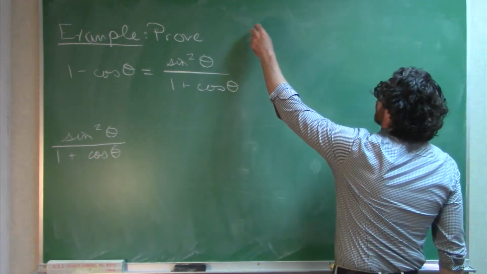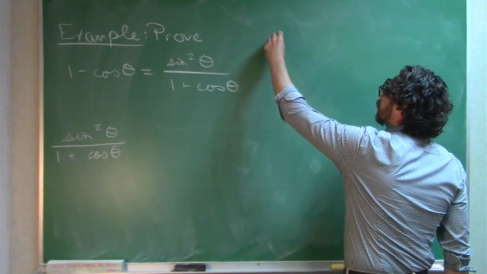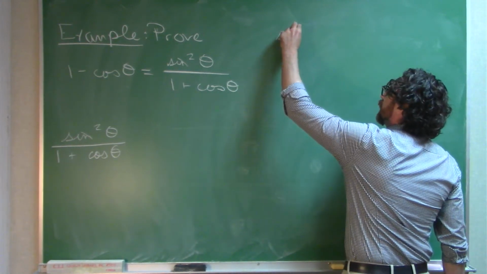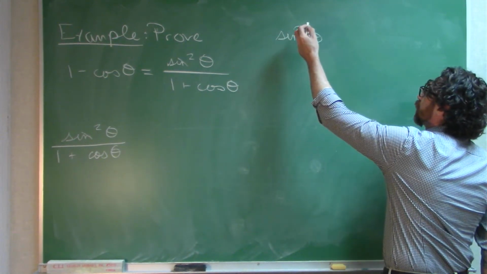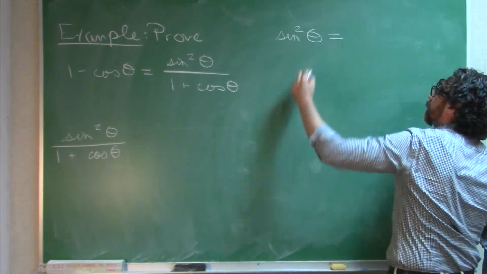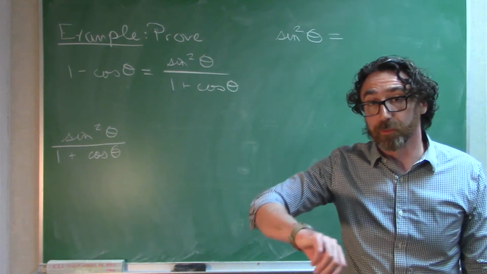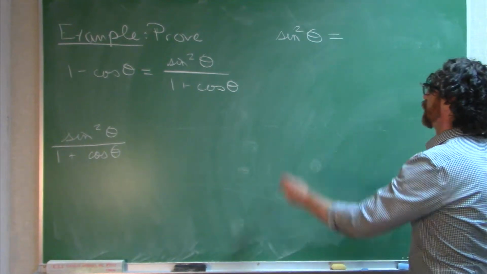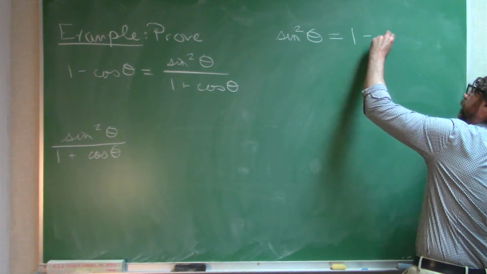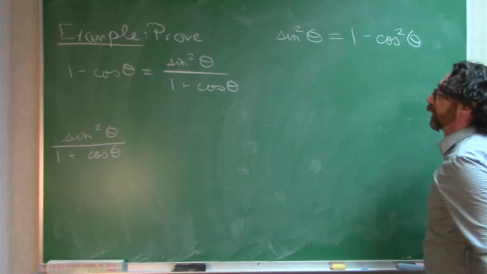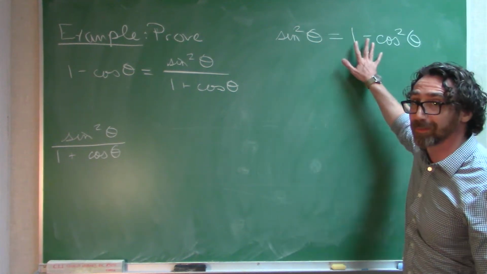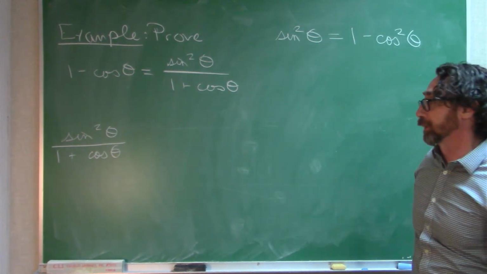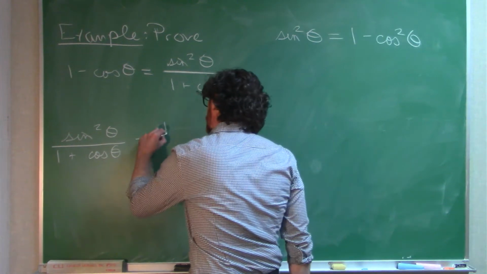But I'm looking at my Pythagorean identities. Sine squared. Is there anything I can replace sine squared theta with? And if you look back to the review that we did at the very beginning of this video, it said I could replace sine squared with this expression if I wanted to. So let me try that.